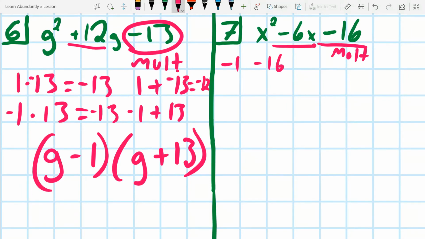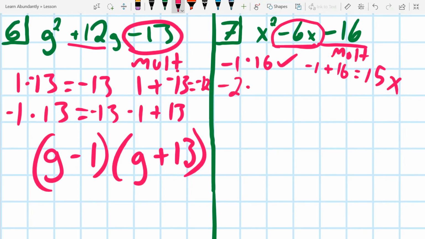But if I did that, that'd be two negatives make a positive. So I just need one of them to be negative. And when I do that and I multiply those together, that works. But when I add them together, negative 1 plus 16, I get positive 15. And that's no good. I'm looking for numbers that add to negative 6.